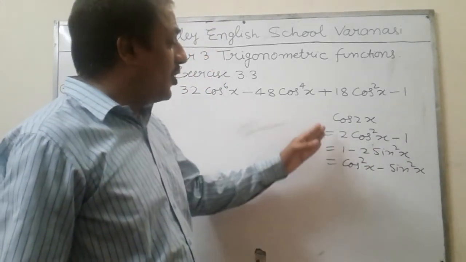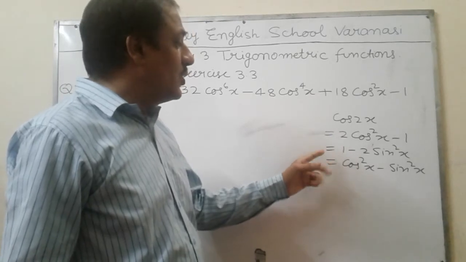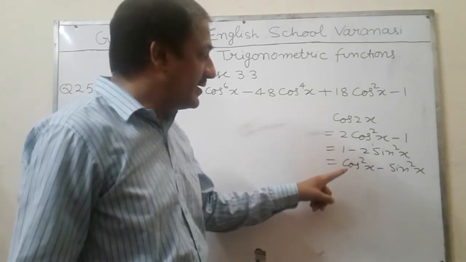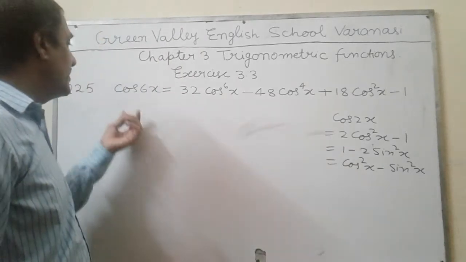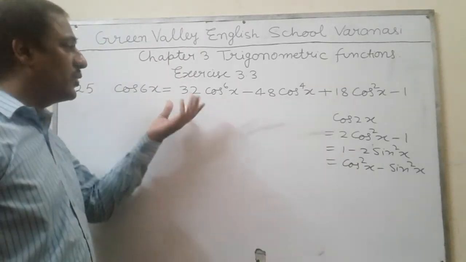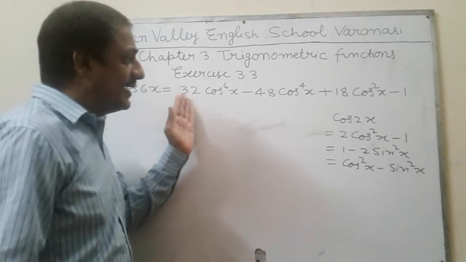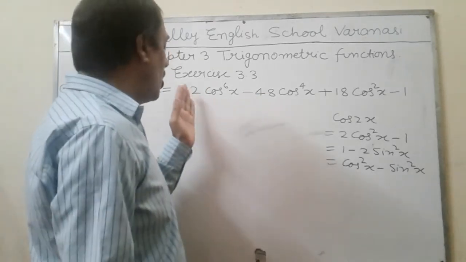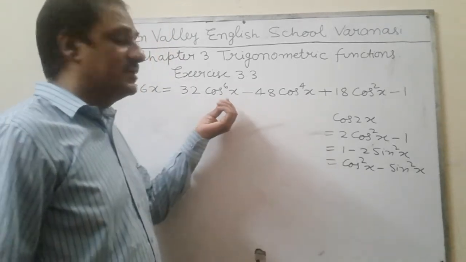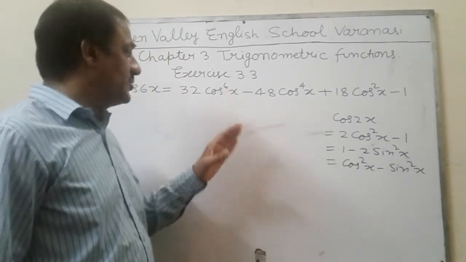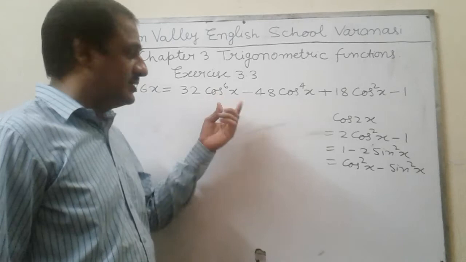Here, from all these three, which identity will we use for this question? Here cos 6x is equal to the right hand side. All the terms are in which trigonometric ratio? In cos.